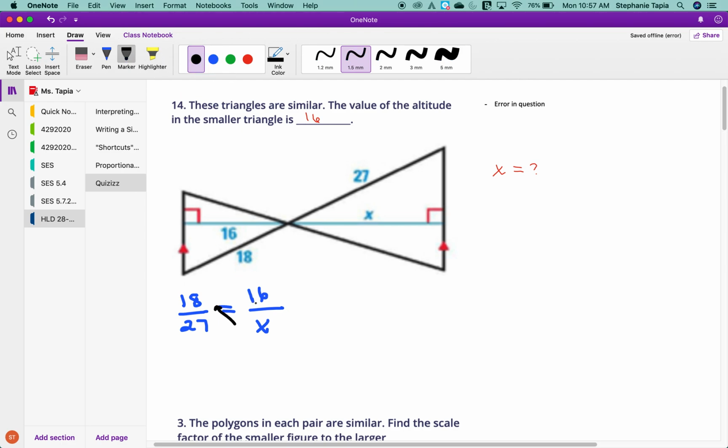We would do 18x is equal to 27 times 16. And 27 times 16 gives us 432.